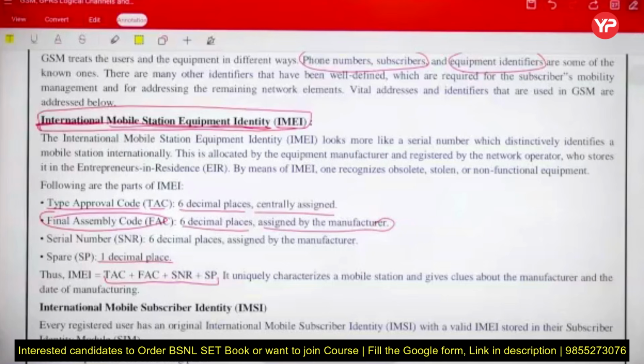Yes, IMEI. Correct? What you are saying? I'm also saying IMEI number.